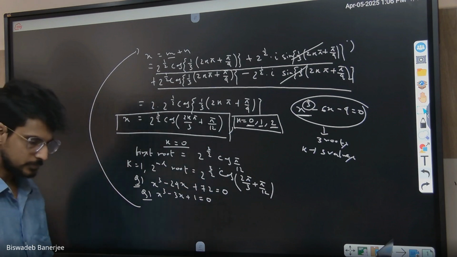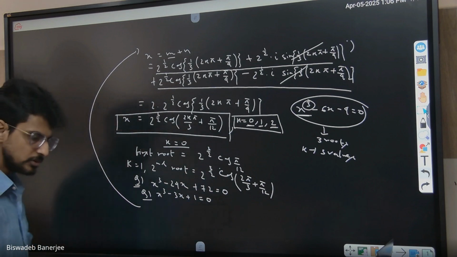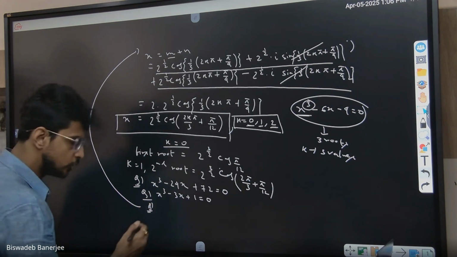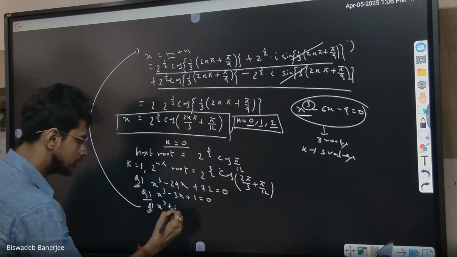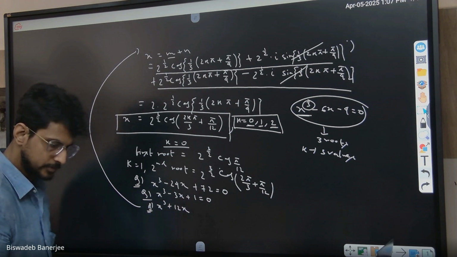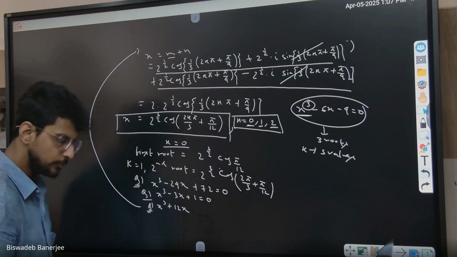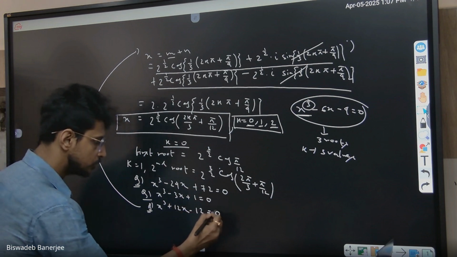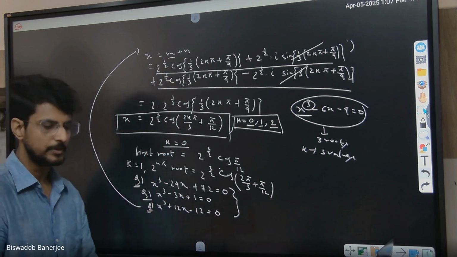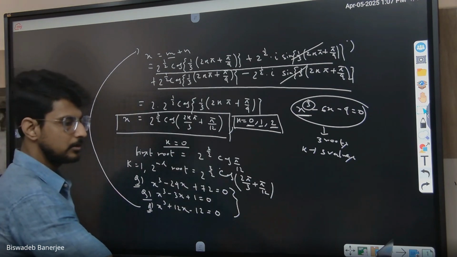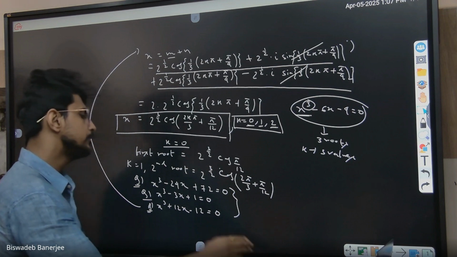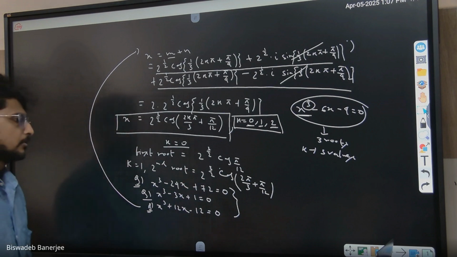And for the third question, x cube plus 12x minus 12 equal to 0. So take these three questions for practice from Cardan's method, and for any problem you can ask me. These are three important questions for homework only.